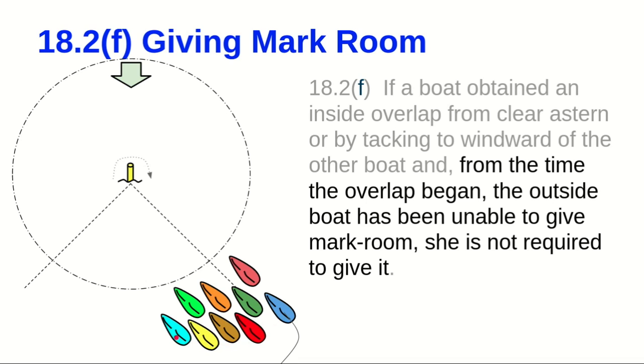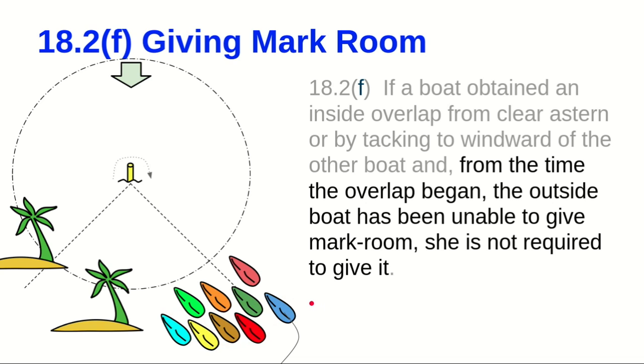Perhaps light blue will have broken 18 by not coming down with all the communications through there, but there could be reasons, such as islands here, that means that this group of boats just can't give blue room from the moment she established the overlap. So 18.2 F basically allows these boats not to have to do the impossible. If the room doesn't exist, they don't have to give it.